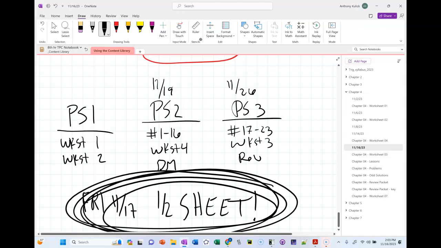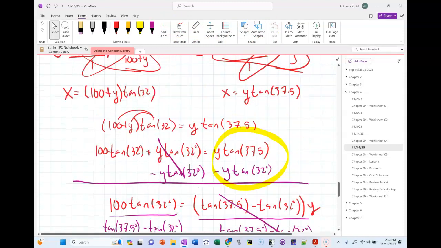Now, when you're making your half sheet, as a suggestion, that most recent example that we just did, I might like to have an example of that on my half sheet, right? That was kind of complicated, the algebra piece of it. Be nice to have something to follow along.